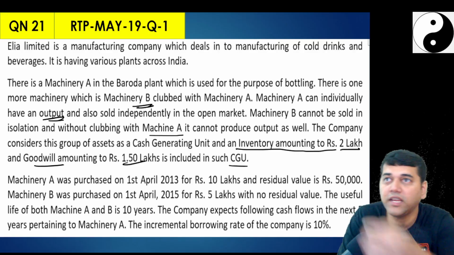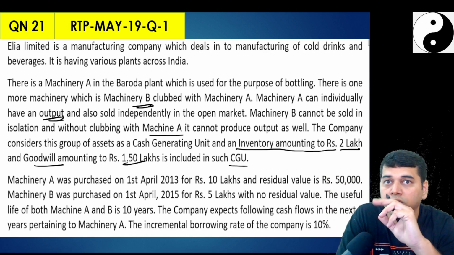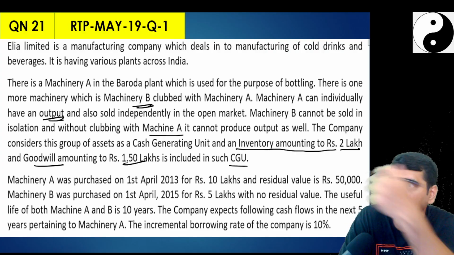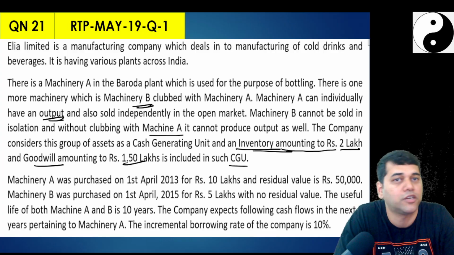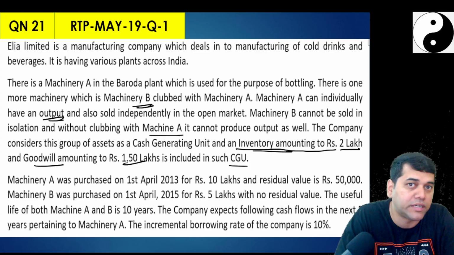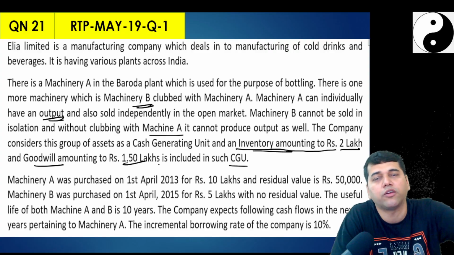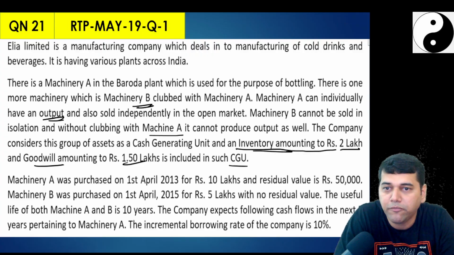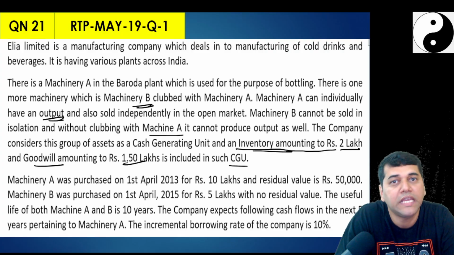Yes, because I use the marker on the board to explain the concepts to you. So the fan you cannot treat unless the marker is also treated. That's why I will include inventory also. Understood the logic of why you have to include inventory in the CGU? Plus 1.5 goodwill allocated to the CGU. So now I am very clear that my CGU is made up of A, B, inventory and goodwill.